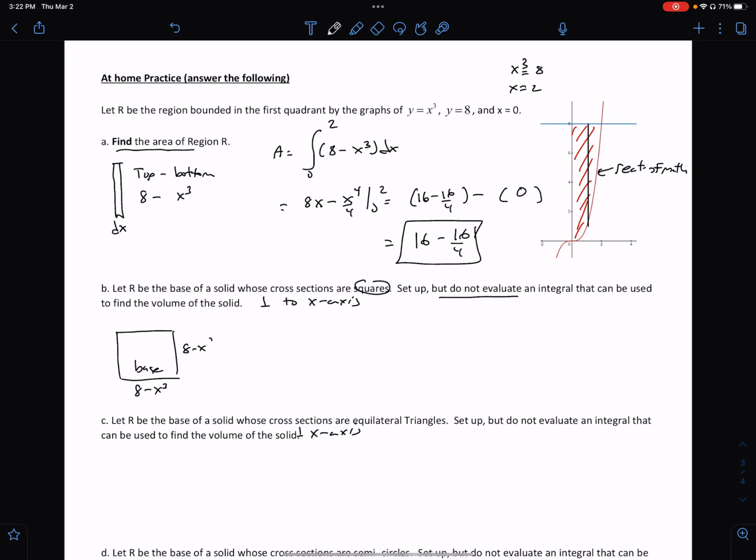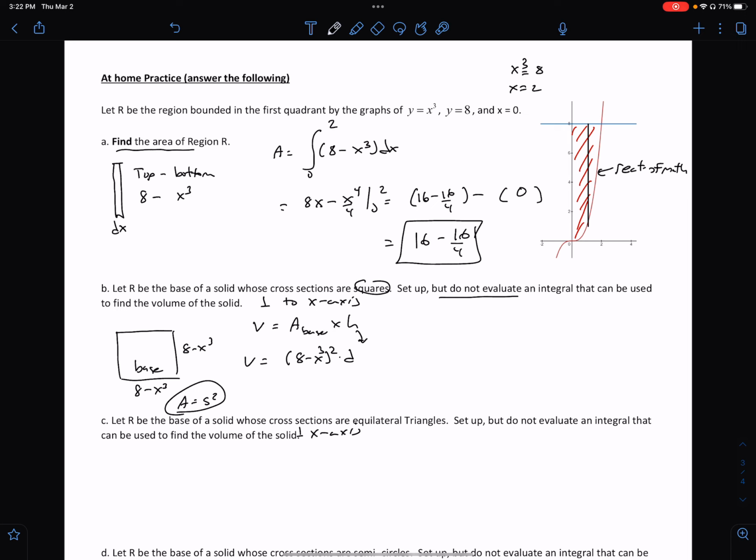Minus x cubed. So to get the volume, if you remember from before, it's area of the base times the height. So ready to get the area of the base? It's a square, so it's just whatever side we have, 8 minus x cubed, squared. Remember, area of a square is just s squared. Times the height. Well, what's the height always going to be?